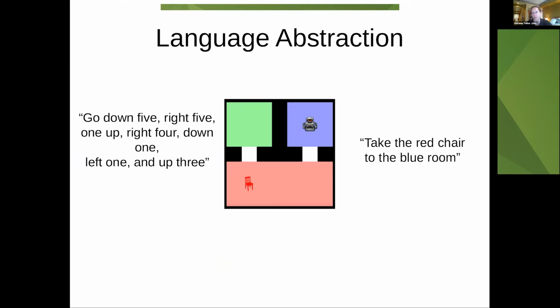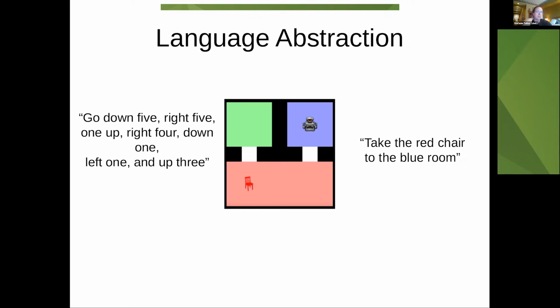So you might say something to the robot like take the red chair to the blue room as a high-level command. But you also might say a low-level command like go down 5, right 5, 1 up, right 4, down 1, left 1, and up 3. Now, as it happens, these both result in the same thing. If you do the thing on the left, it results in the red chair being in the blue room.